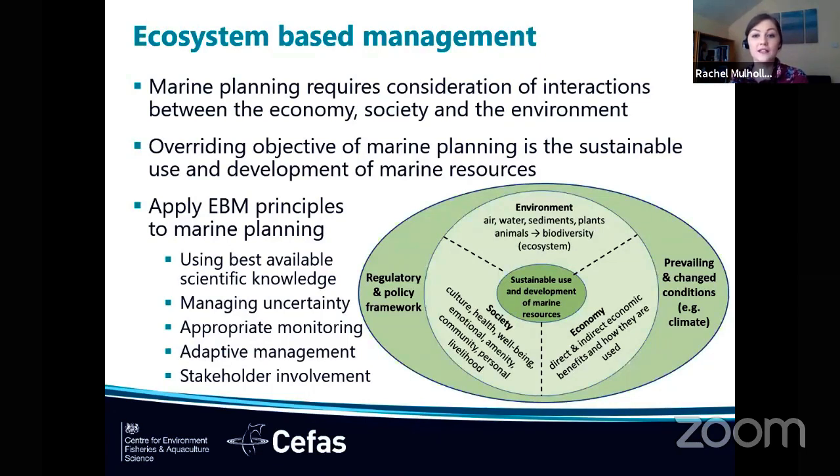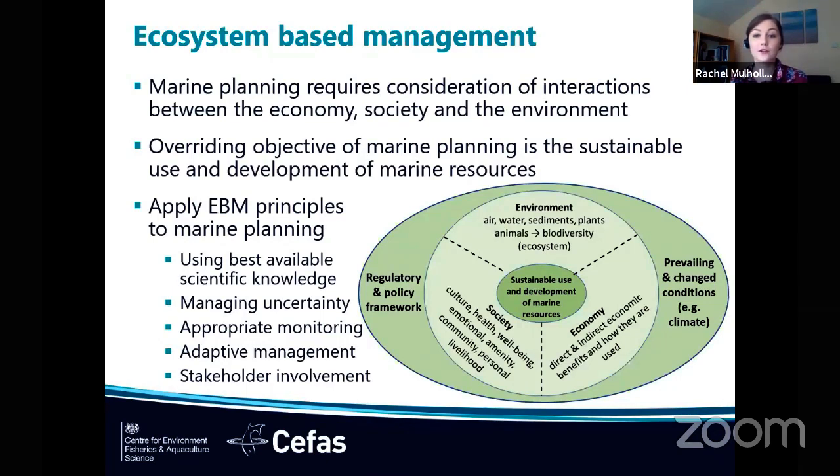So society places value on these different aspects, the environment and the economy, but then undertaking marine activities creates risk in return to the marine environment. So these environmental, social, and economic interactions need to be considered in marine planning, but also in the context of prevailing and changed conditions, for example, adaptation to climate change.